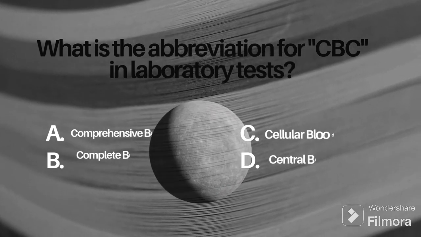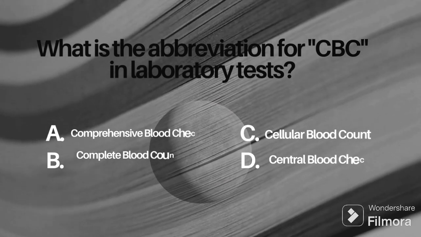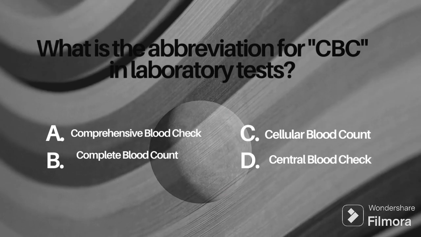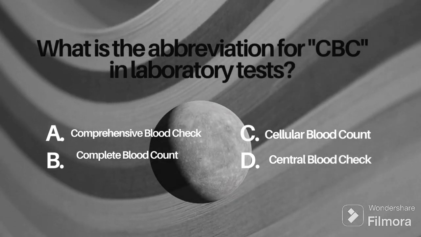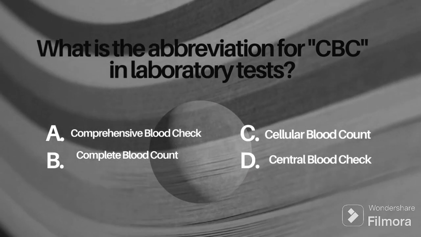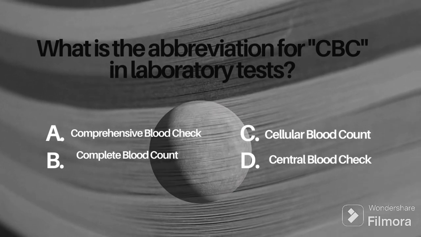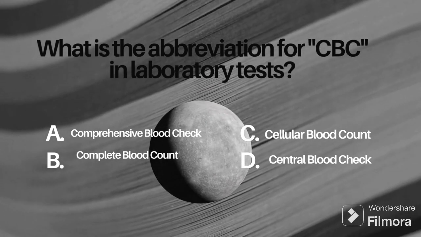A is comprehensive blood test, B is complete blood count, C is cellular blood count, and D is central blood check. I'll repeat the options again. What is the abbreviation for CBC? Option A is comprehensive blood check, B complete blood count, C cellular blood count, D is central blood check.